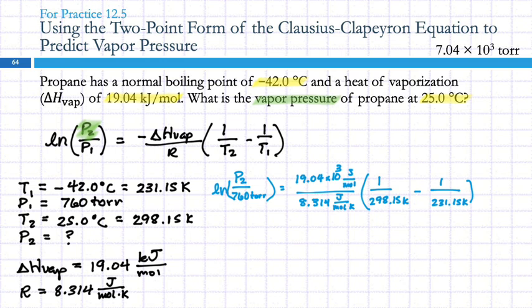So I've got 19.04 times 10 to the 3 divided by 8.314 times, and then I'm going to open parentheses, and I've got 1 divided by 298.15 minus 1 divided by 231.15, close the parentheses and press equals.